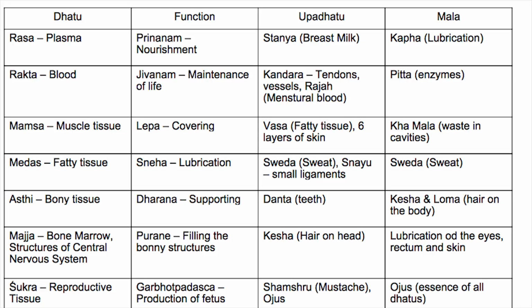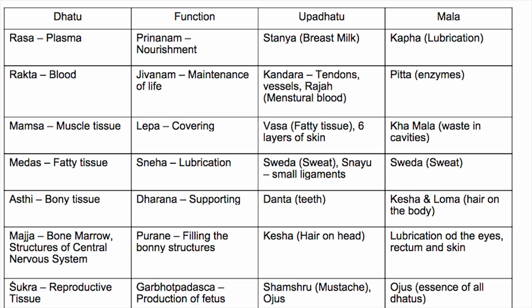Okay, so the byproduct in the nourishment of the mamsa dhatu is the vasa, or fatty tissue. Here, fatty tissue means the fat that is located between the muscular tissue, and also the 6 layers of skin. In Ayurveda, we describe that there are just 3 layers, but there are 6 layers, which is described by Sushruta Samhita.